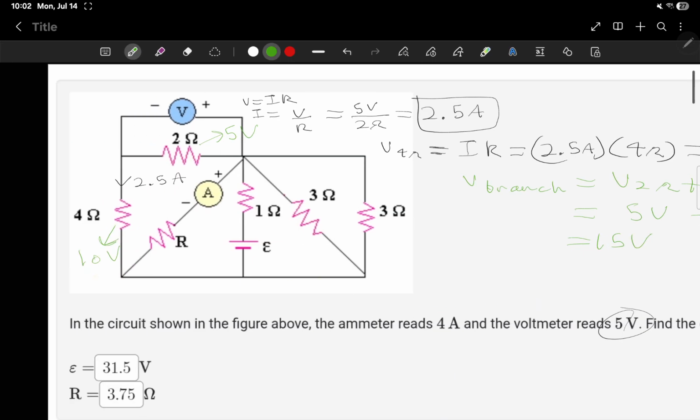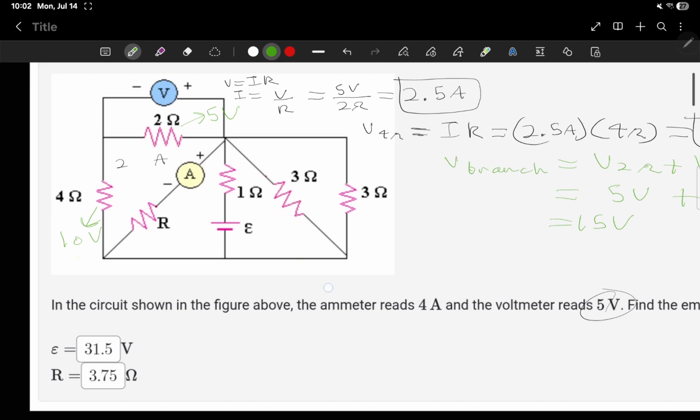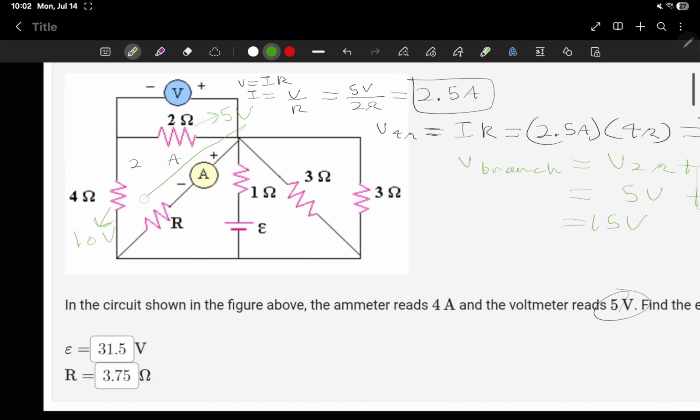Since this entire branch is 15 volts and it's parallel to this entire branch, then the voltage on this entire branch is also 15 volts. And the same goes for here, and the same goes for here.